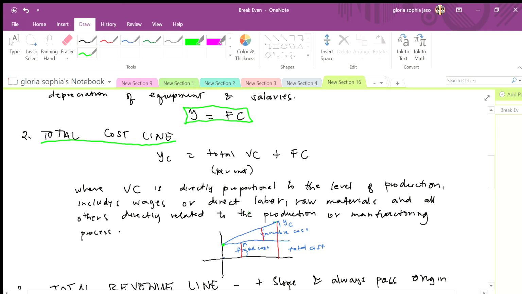This includes expenses for wages or direct labor, raw materials, and all other costs directly related to the production or manufacturing processes. Therefore, this is the equation, class: Y sub C equals total variable cost per unit plus the fixed cost.